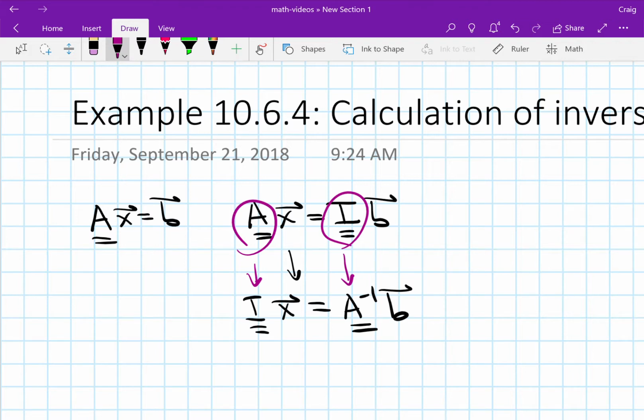So all we need to do to construct the matrix A inverse is to perform the same Gaussian elimination steps on the identity matrix that we performed on A to get it into row-reduced echelon form.